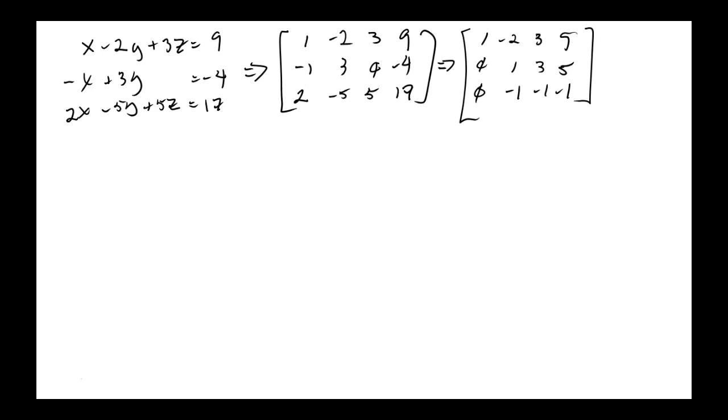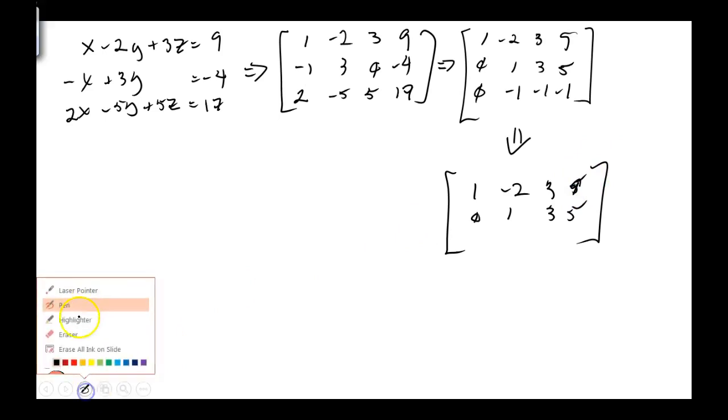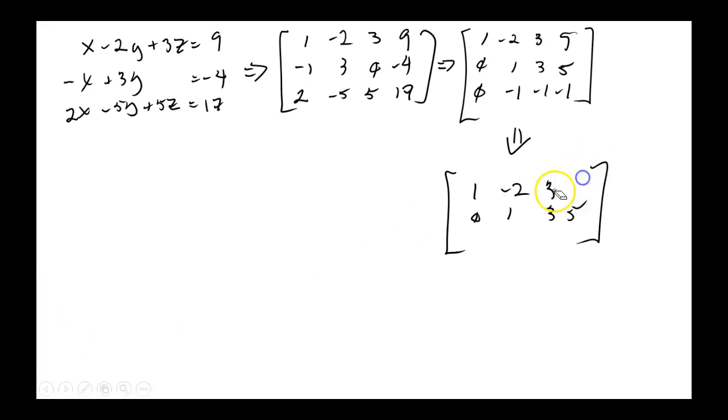And that finally gave us this. 1, negative 2, 3, 5, 0, 1, 3, 5. Whoa, that's a 9, not a 5. I knew something looked wrong there. I can't read my writing.